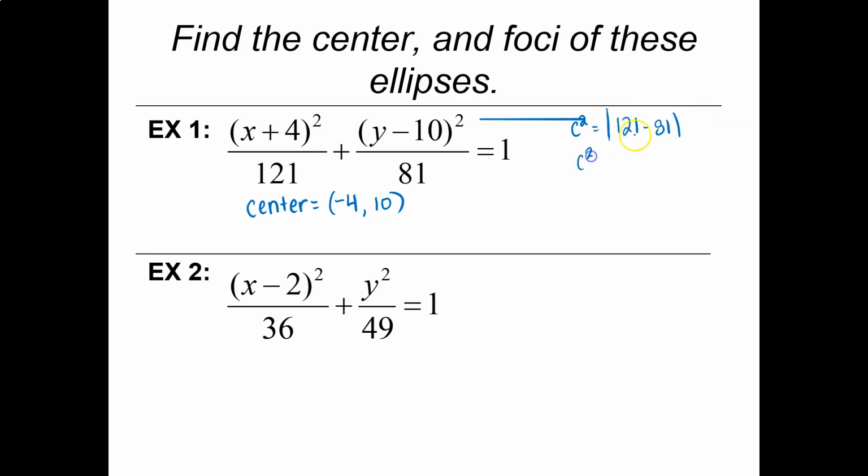So c squared is going to be the absolute value of 40. So if I just square root both sides there, c is going to be the square root of 40. You might see them change that to 2 root 10, just depending on what's happening here.